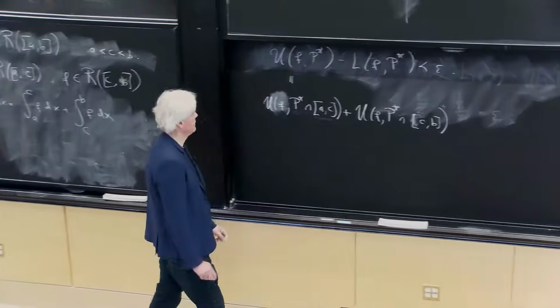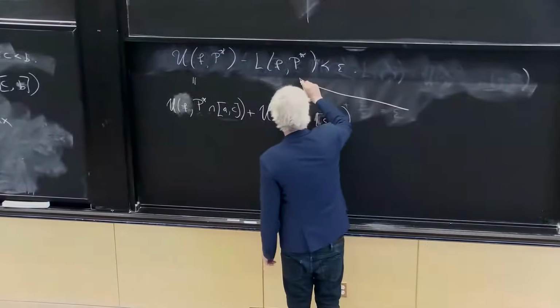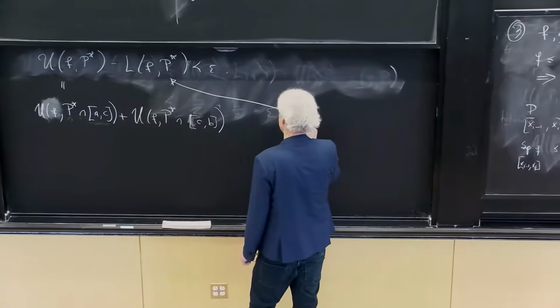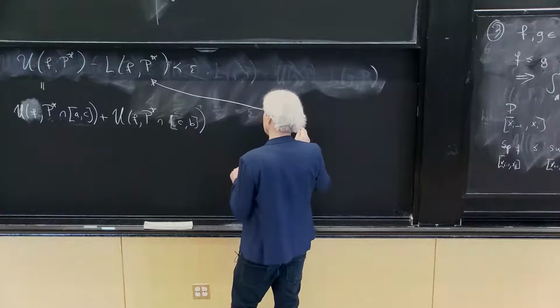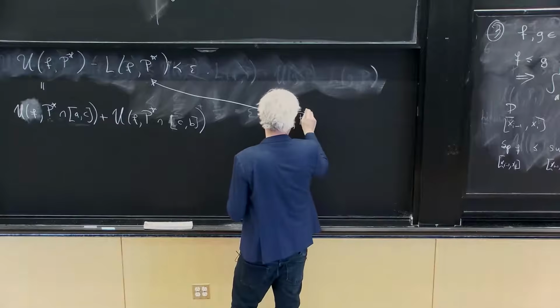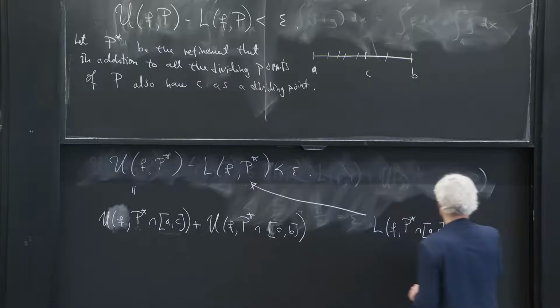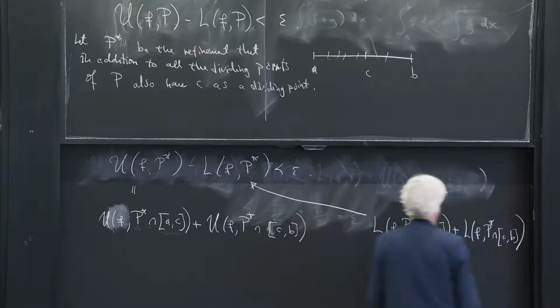Likewise, the lower sum is the sum of the two lower sums: L(f, P star) on [a, c] plus L(f, P star) on [c, b], like that. Okay.